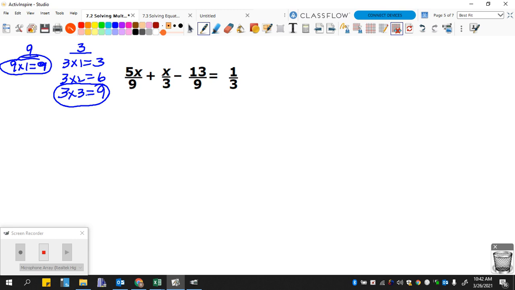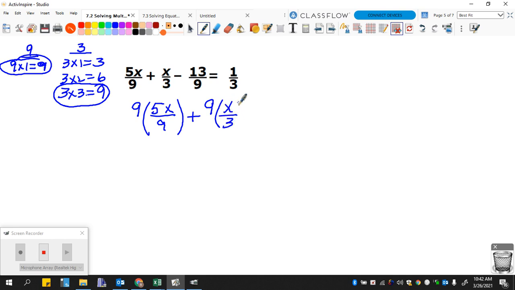All right. So that means that we're going to multiply each of the equations by 9. So we're going to say 9 times 5x over 9, or 5x divided by 9, plus 9 times x divided by 3.